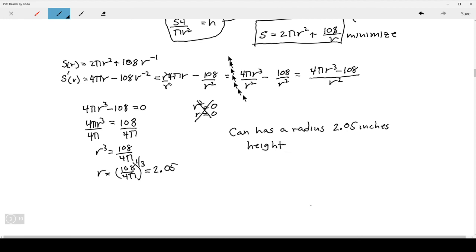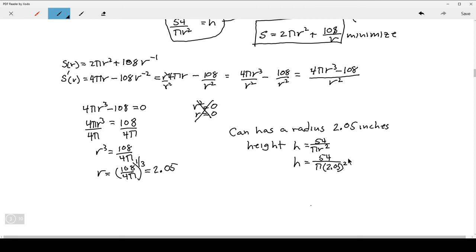Well, I have an equation for the height. You can see it just at the top of the board here. The height is 54 divided by pi r squared. So the height is going to be 54 divided by pi times 2.05 squared.